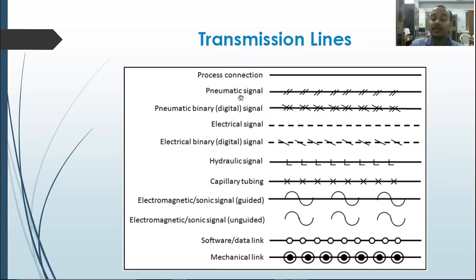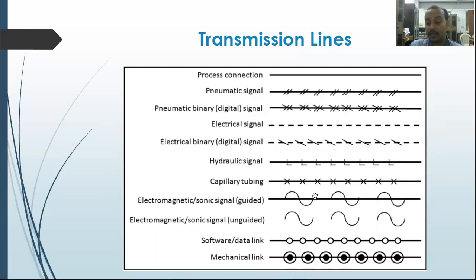A pneumatic signal is represented by a continuous line with a double cut in it. An electrical signal is provided by a dashed line. The hydraulic signal is represented like this. The capillary tubing is represented by this symbolic representation. An electromagnetic signal will be a continuous line.